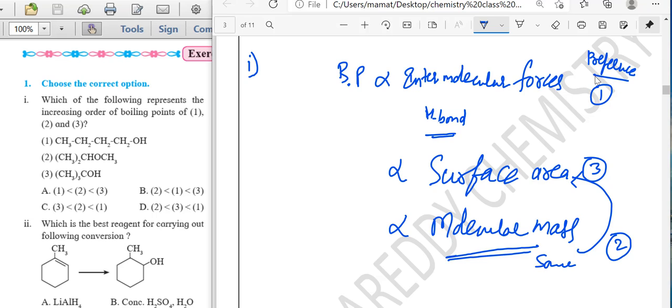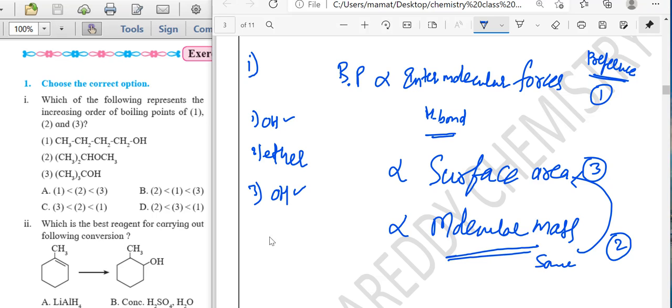Right? Now if hydrogen bond is there more, see in the first and third. In the first is alcohol, right? Second is ether, then third is again alcohol. So hydrogen bond and hydrogen bond is there.